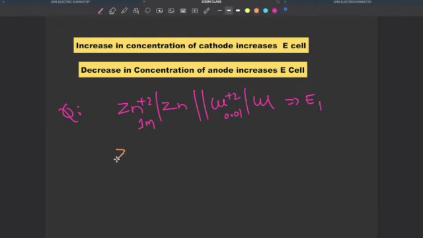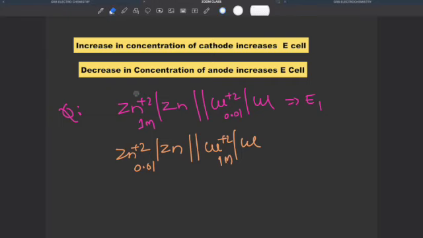Like Zn plus 2 concentration is 0.01, then Zn followed by copper plus 2 by copper. Here the concentration is 1 molar, right.